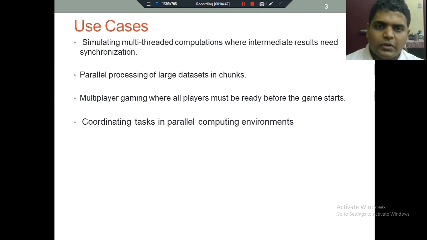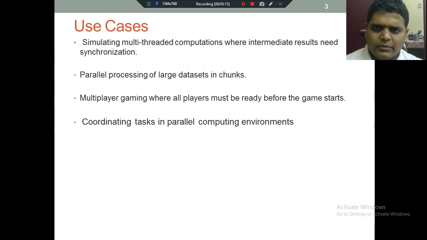Multiplayer gaming where all players must reach before the game starts. That's important because in multiplayer gaming, all the players must reach before the game starts, because there are a number of multiplayer games, majorly arcade or war games, let's say Contra, or any kind of war games.